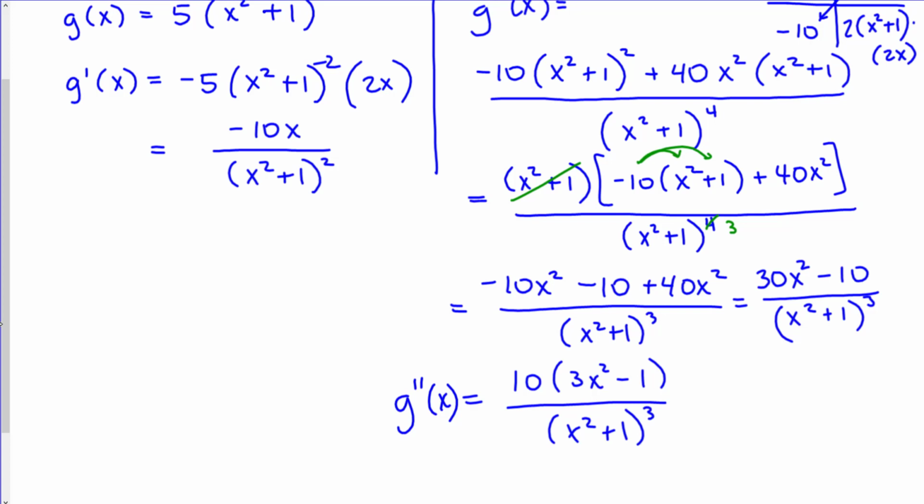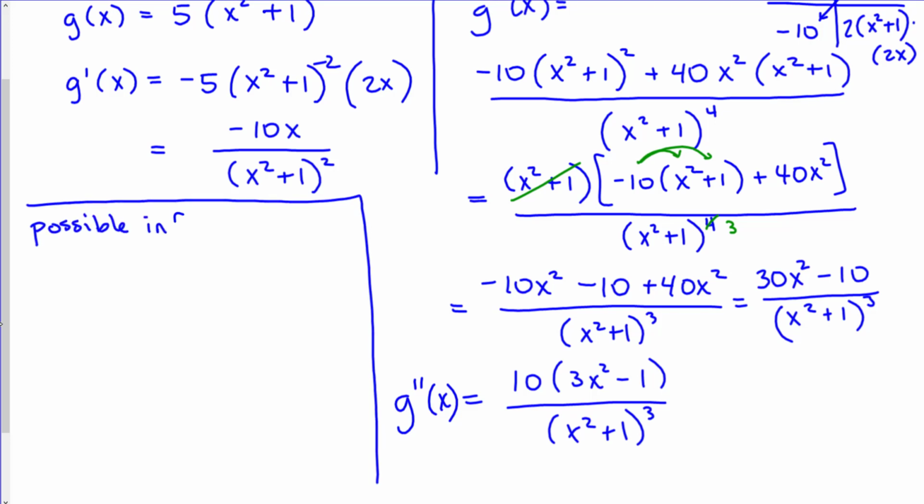All right, so possible inflection points. These things can occur when the second derivative is equal to 0 or the second derivative is undefined. I have to consider the undefined part here this time because it's possible I could have division by 0.